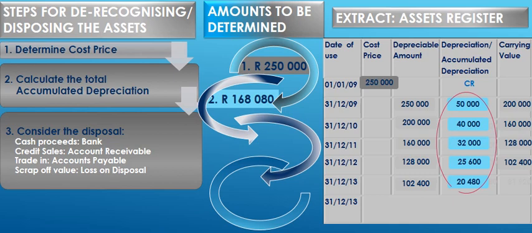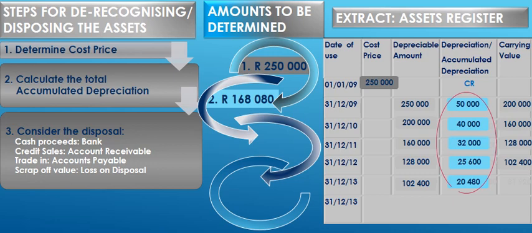The third step will be to consider the disposal. Is the asset disposed for cash? Then the bank account will be affected. If it is disposed on credit basis, then it will affect the accounts receivable. If the asset is being traded in for a new asset, it will affect the accounts payable.